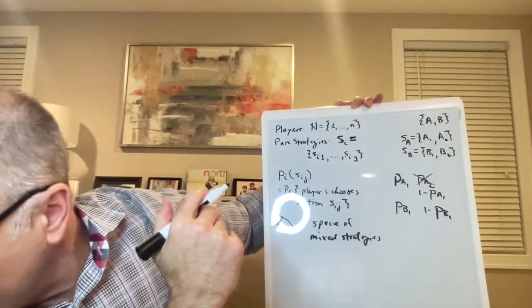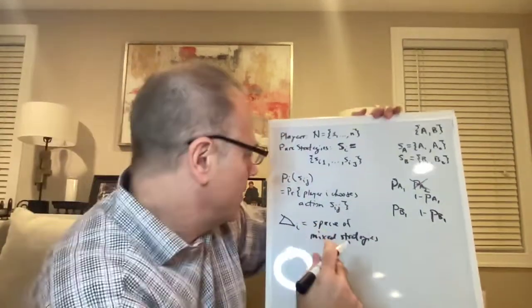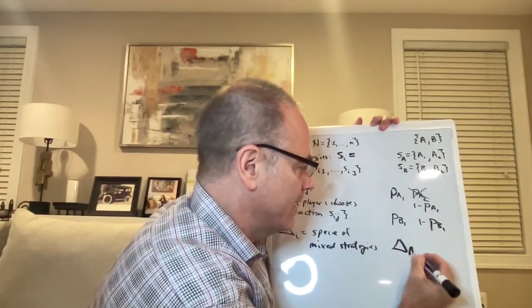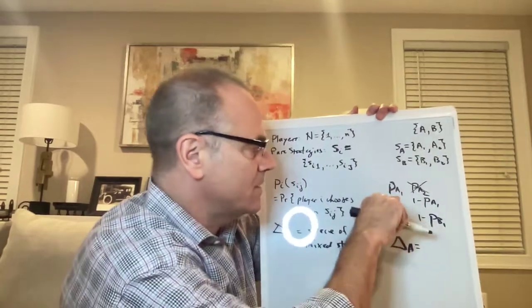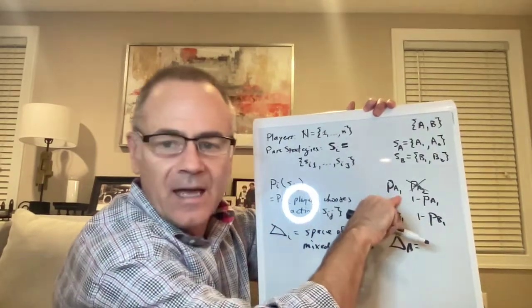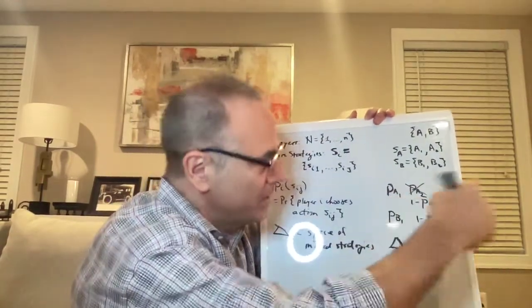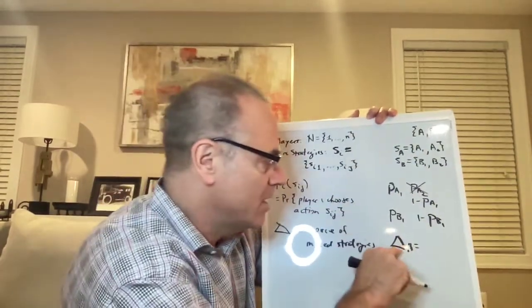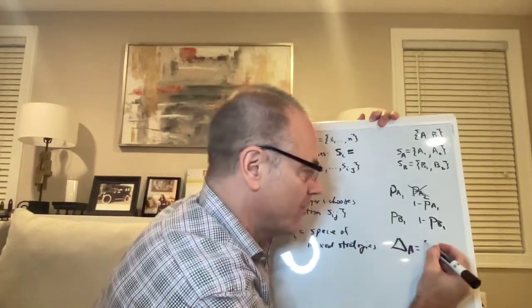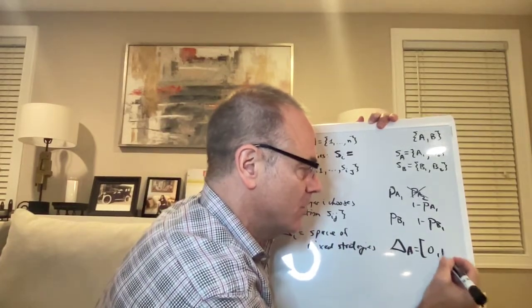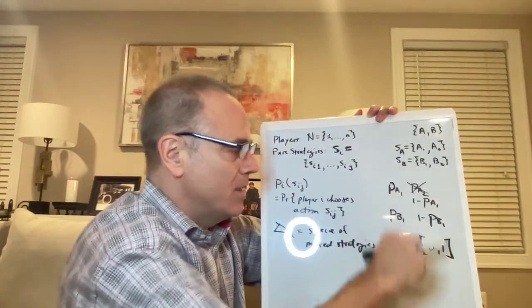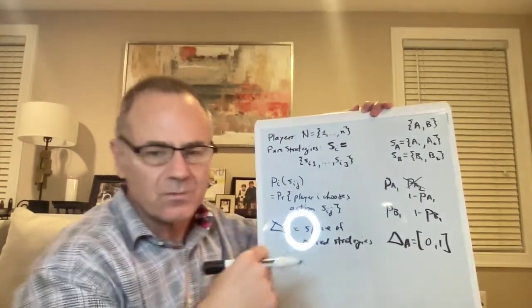Now, for player A, all we need to know, if we know PA1, we know PA2 because it's just 1 minus PA1. So really, the space of strategies for player A is just 0, 1. So it's any PA1 in 0, 1.